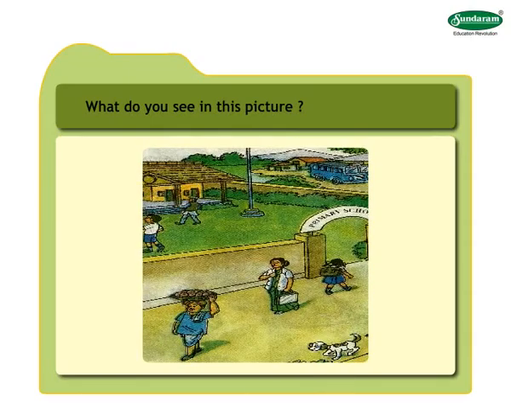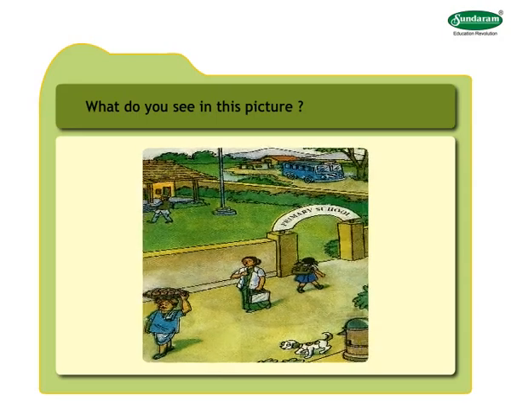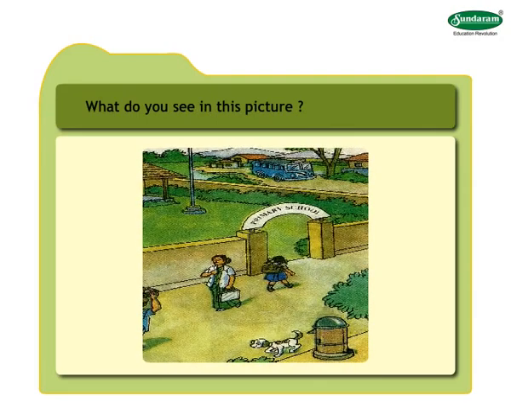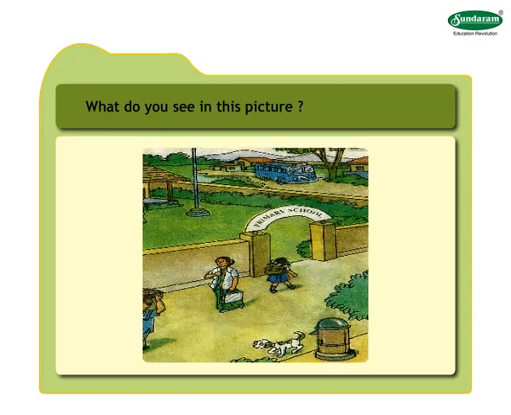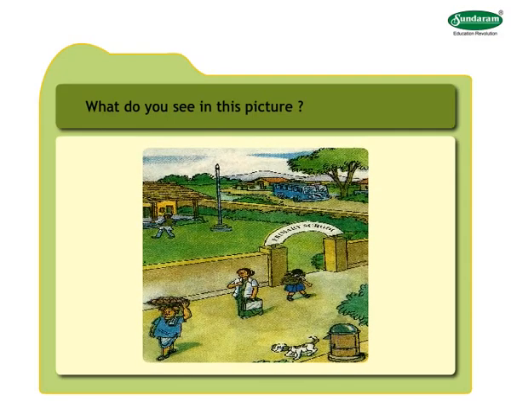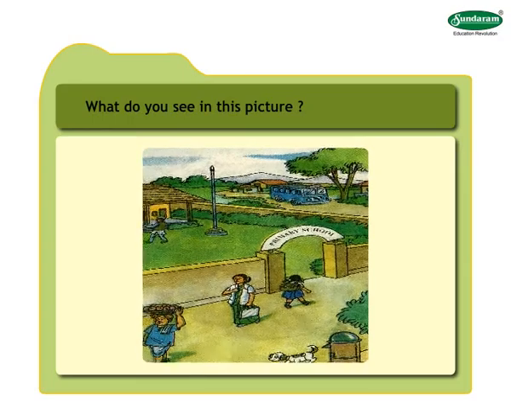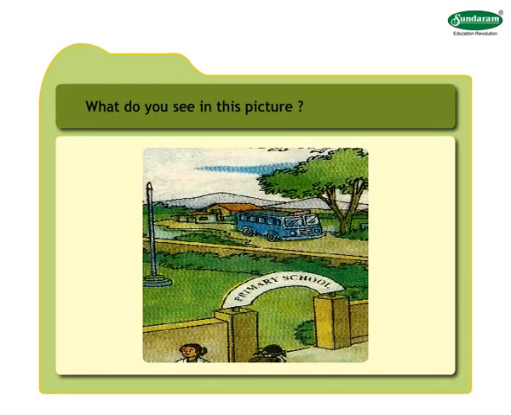You can also see a fruit seller in front of the lady doctor. But the girl is behind the doctor. The dog is near the post box. But the fruit seller is far away from the post box. The school bus is far away from school.